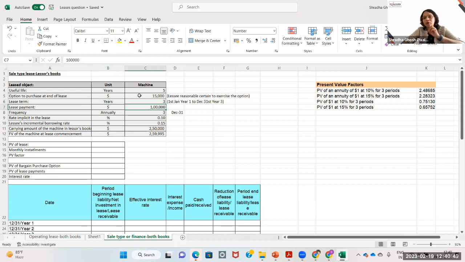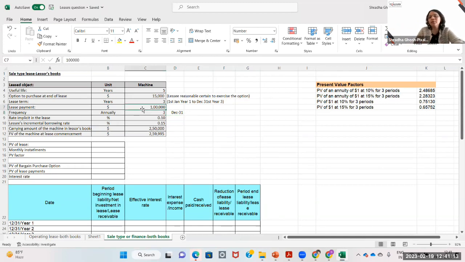There has to be a payment of $100,000 that will be made annually for the 3 years. So 3 years, and each payment will be made on 31st December. So the moment I know this, I know I'm going to use the PV of ordinary annuity for 3 years. Yes or no, guys? Is this clear? So 3 payments are going to happen at the end of each year. So year 1 discounted, year 2 discounted, year 3 discounted.